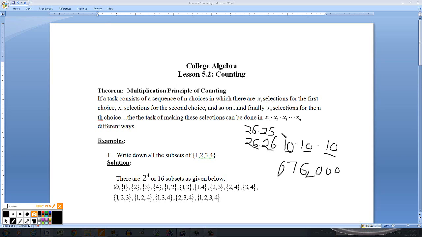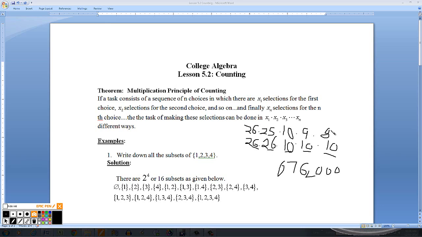And then for the numbers, again, any one of the 10. But since I can't repeat, then for the next one I only have 9. And for the next one then I would have 8. So 26 times 25 times 10 times 9 times 8.